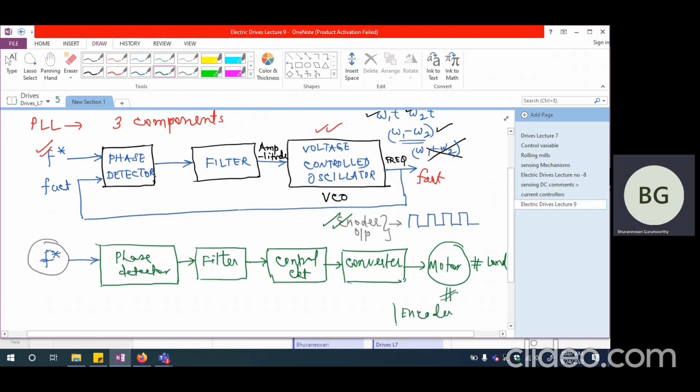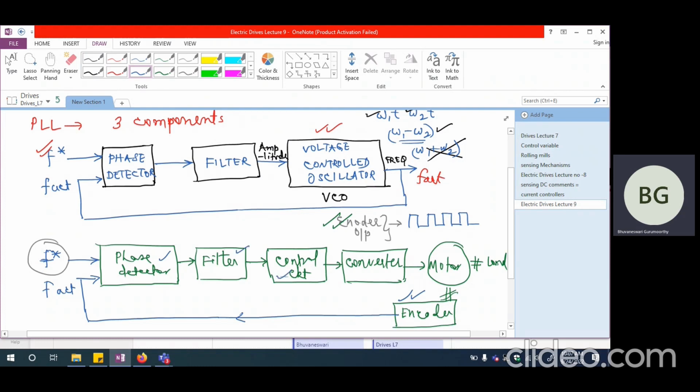Now the encoder's output, what is coming out of the encoder, depends upon the speed of the motor. So the encoder output is going to go as F actual to this phase detector. The encoder will follow whatever is the frequency given as the reference frequency, which means any difference in the speed will immediately reflect in the output of the encoder. That is going to be adjusted as per the error coming out of the phase detector and the filter.